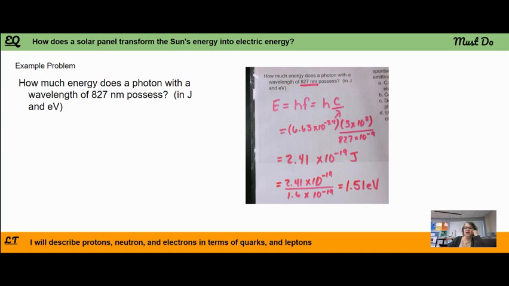We then need to change that into electron volts. To do that, we're going to divide by 1.6 times 10 to the negative 19. There are 1.6 times 10 to the negative 19 electron volts in 1 joule. When we do that, we get 1.51 electron volts.